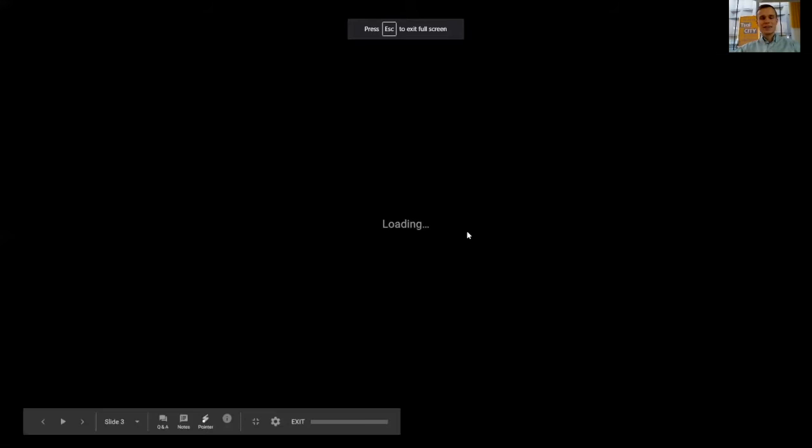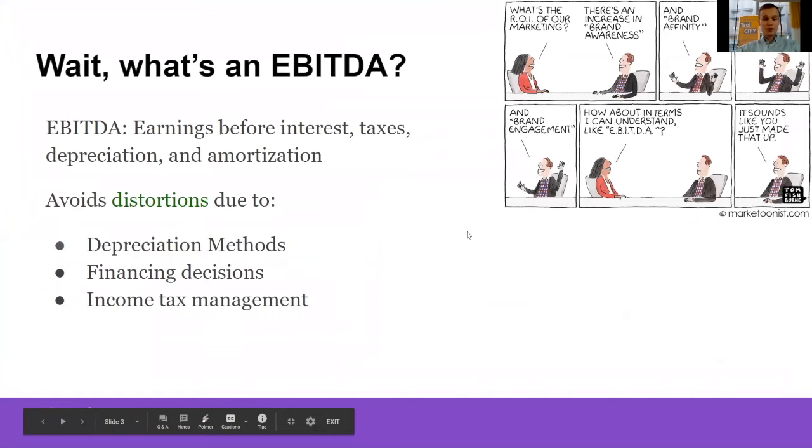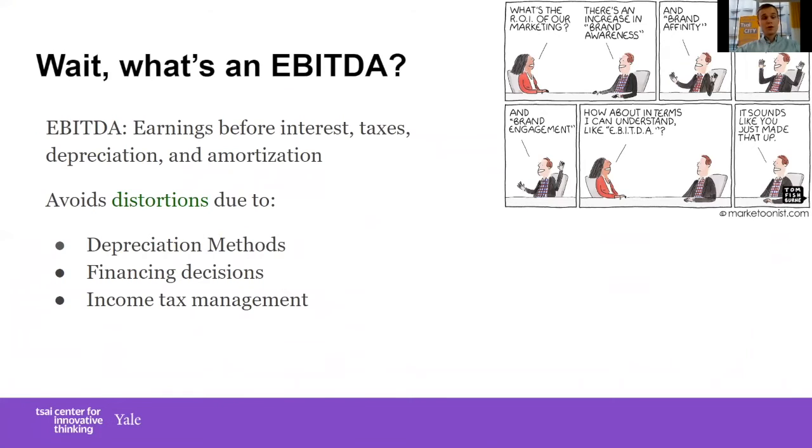Well, EBITDA is a metric of your company's financial output. EBITDA is an acronym for earnings before interest, taxes, depreciation, and amortization. This EBITDA metric is a preferred data point to assess the profitability of your business by investors because it limits the amount of financial gymnastics you are able to do to make your company seem better than it actually is.